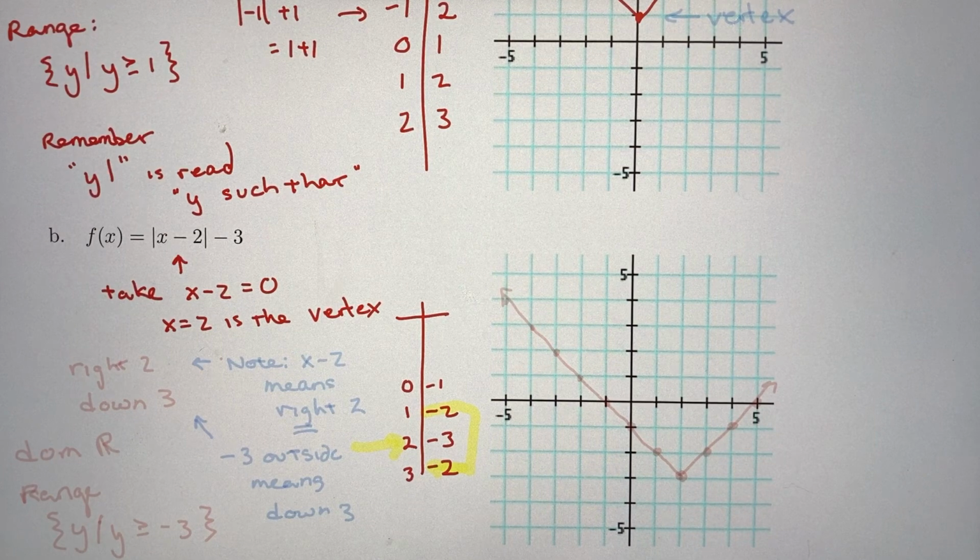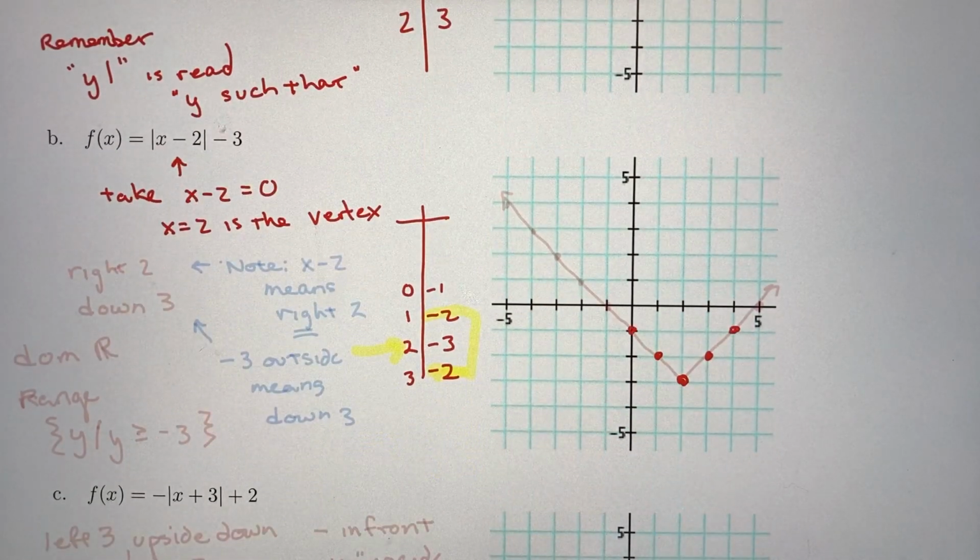And we call that center point a vertex. So I'll just make a little note up here that this is called a vertex. And it turns out the vertex is at 2, negative 3 here. So 2, negative 3, and then height of negative 2 on either side, height of negative 1, plot points all the way out to the edge.